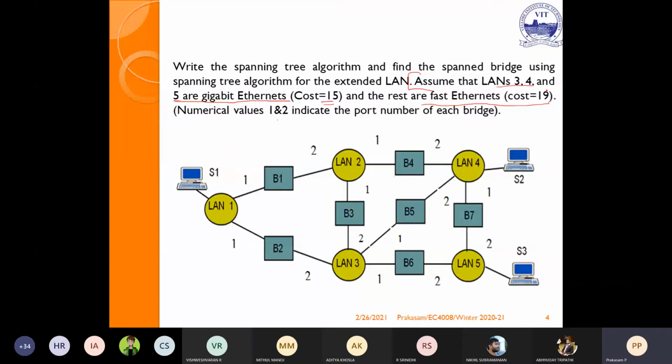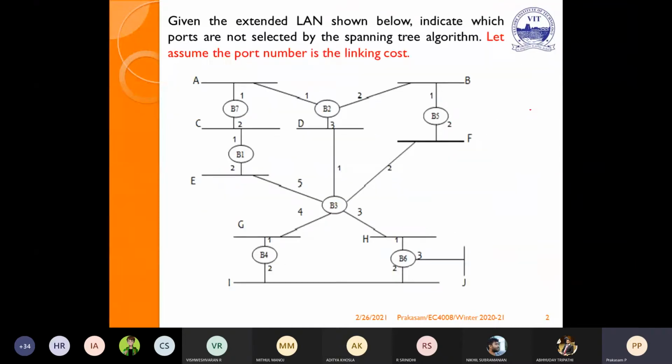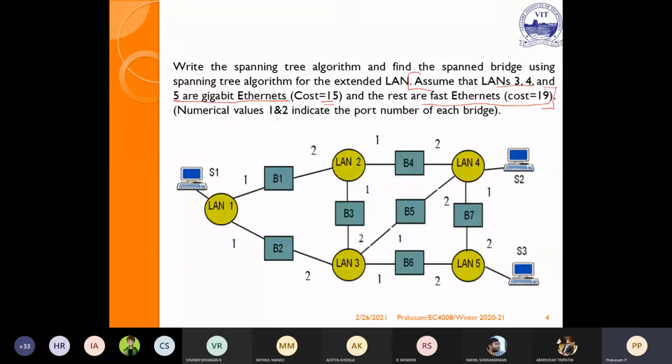In the first case, we saw equal cost. In the second case, the port number was the linking cost. The third type of problem is like this. So assume LAN 3, 4, 5 are gigabit Ethernet, the cost is 15. First step, kindly mark the LAN cost on the given spanning tree problem.